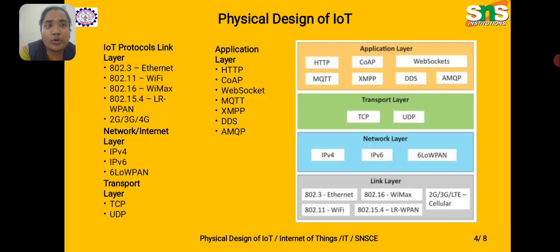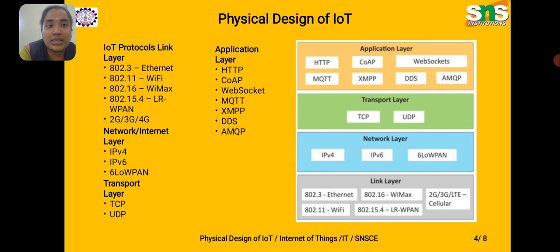In this, the IoT protocol links in the application layer are HTTP, CoAP, WebSockets, MQTT, XMPP, DDS and AMQP. In the transport layer, TCP and UDP are used. In the network layer, Internet Protocol version 4 and Internet Protocol version 6 are used.